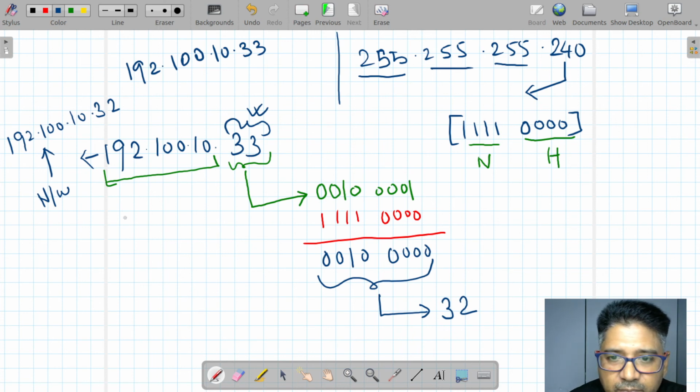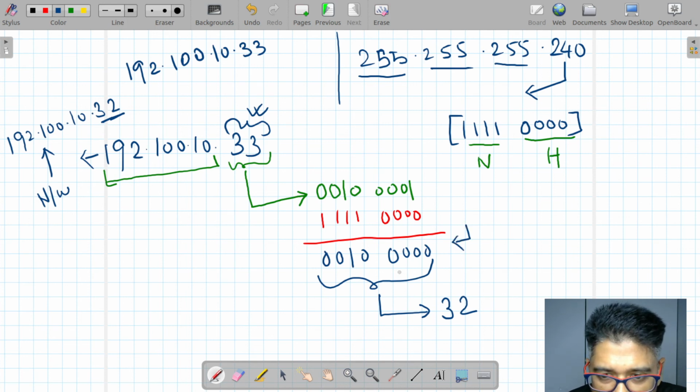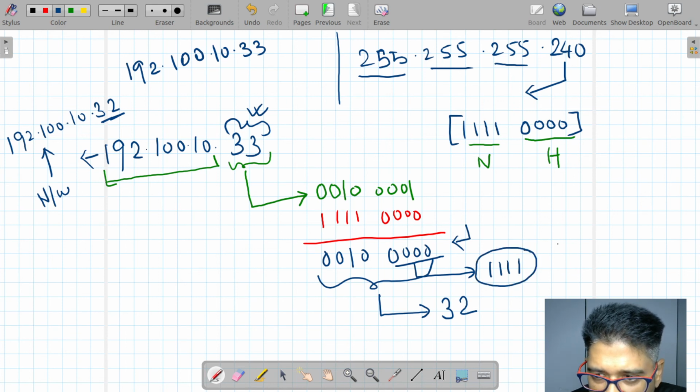How do you get the broadcast IP? Making all the host bits zeros gives you the network IP. Making all the host bits ones gives you the broadcast IP.